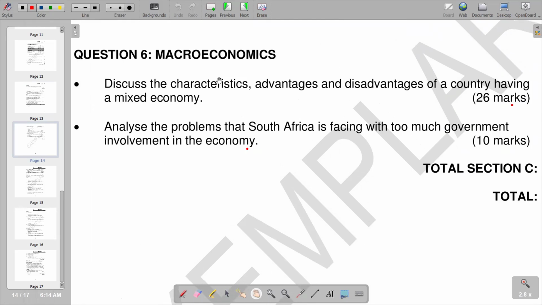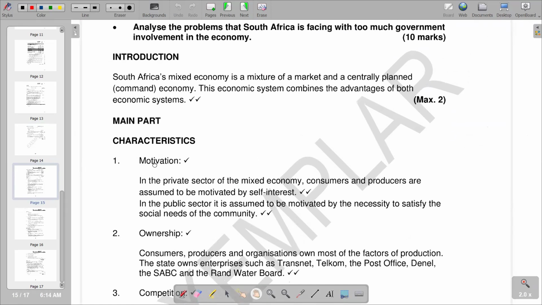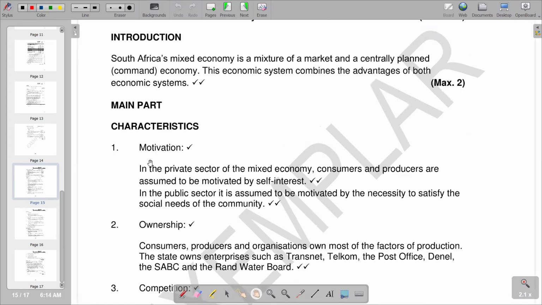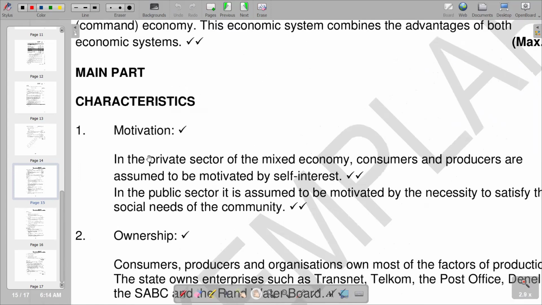So what are the characteristics? The characteristics are going to be defined on the basis of both the characteristics of a centrally planned economy and the characteristics of a free market economy. We can have motivation as the main basis of the characteristics, whereby in the private sector of the mixed economy, consumers and producers are assumed to be motivated by self-interest.